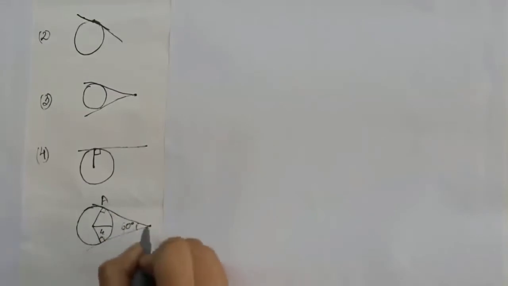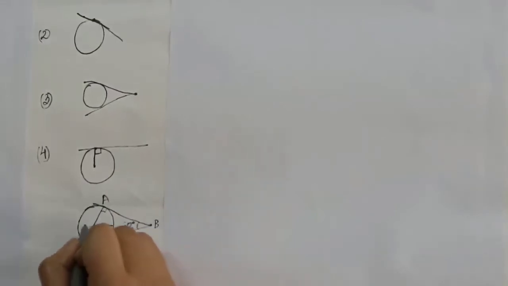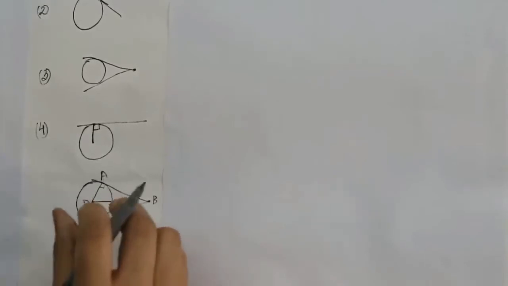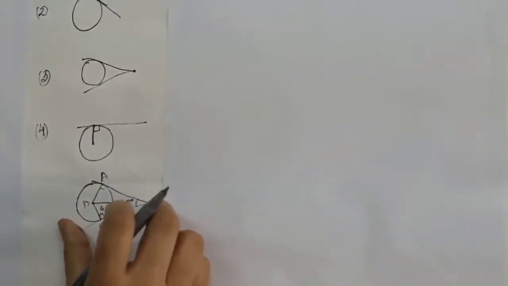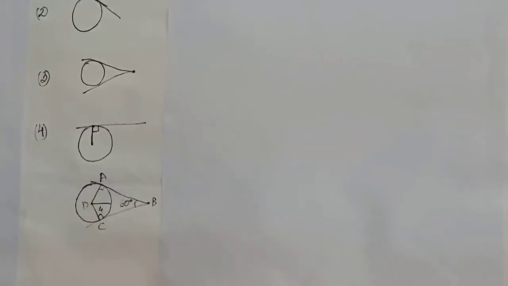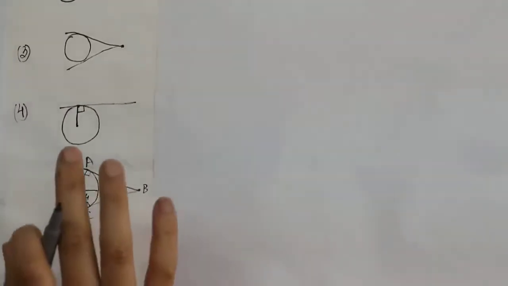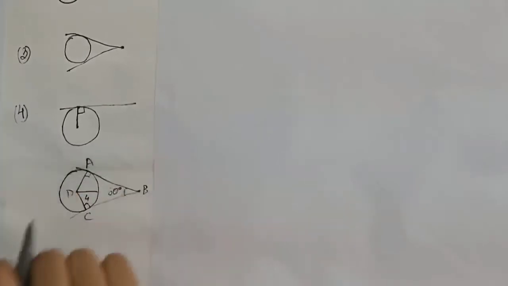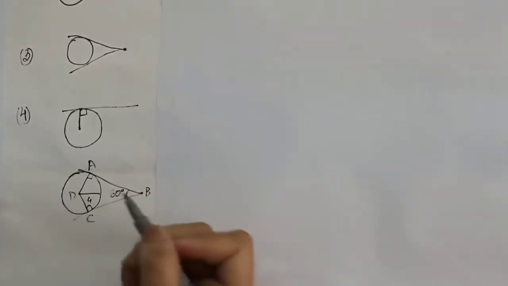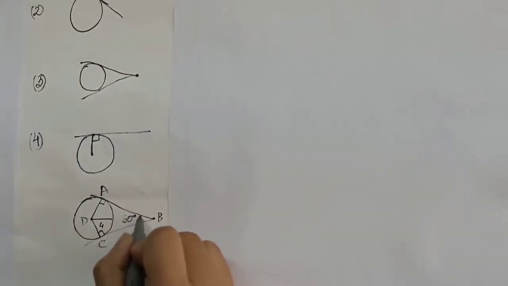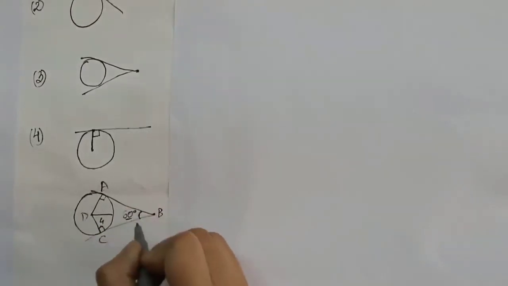This is A, this is B, this is C, this is D. This A, B, C, D is a quadrilateral because we have 4 sides. And we all know that the angles in a quadrilateral sum to 360 degrees. So therefore, this is already 90, this is already 90, and these two tangents are at 60 degrees to each other.